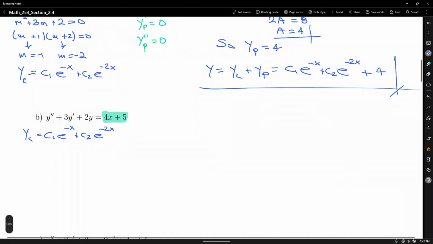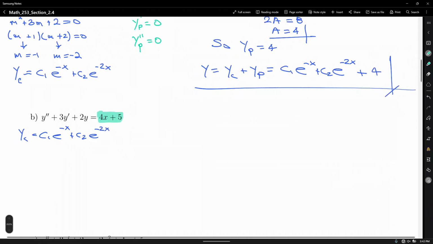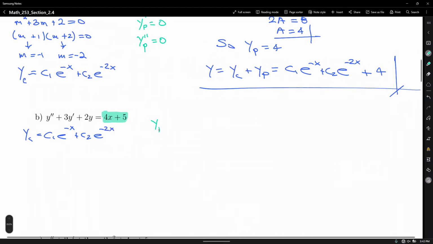Okay, what would be the form of y sub p? So the form of the particular solution will be, because it's linear, I'm going to write the entire generic linear polynomial with undetermined coefficients to be determined.